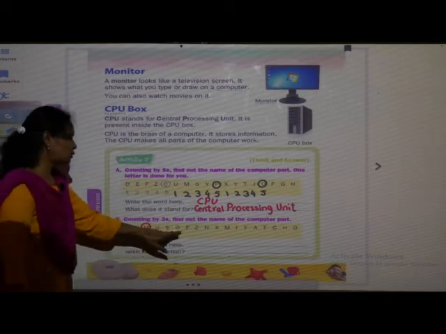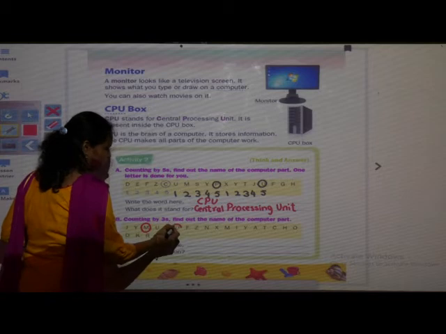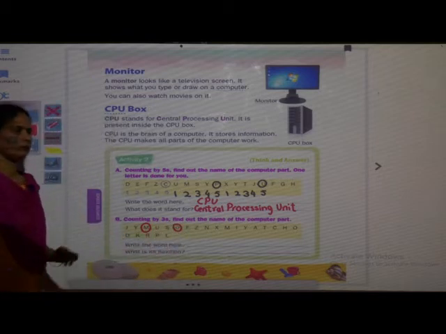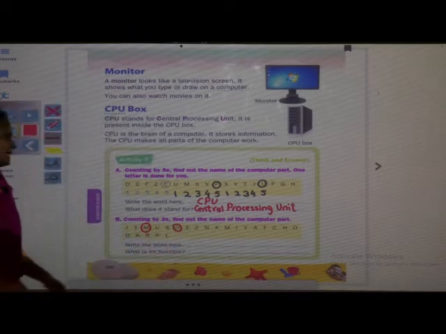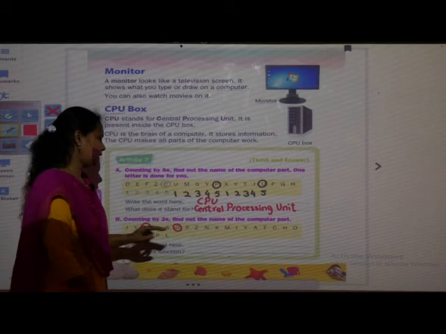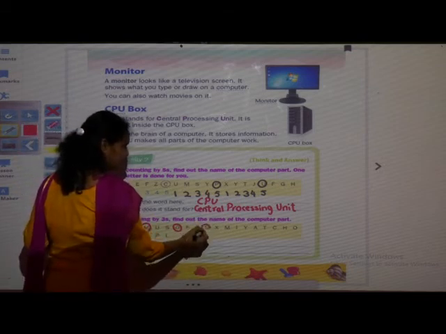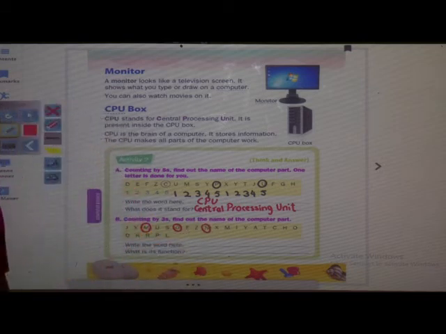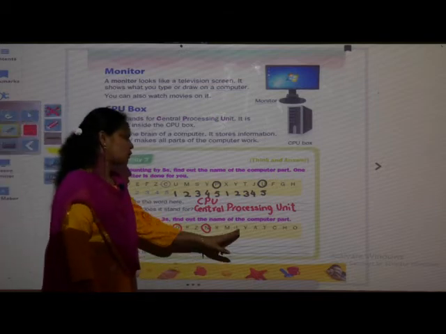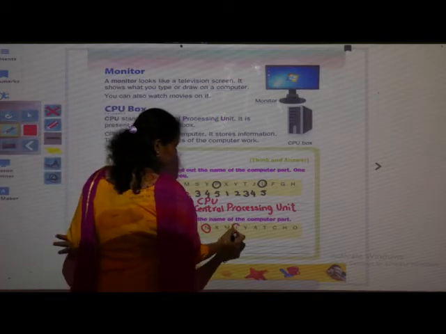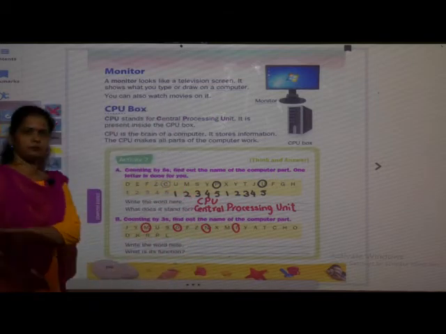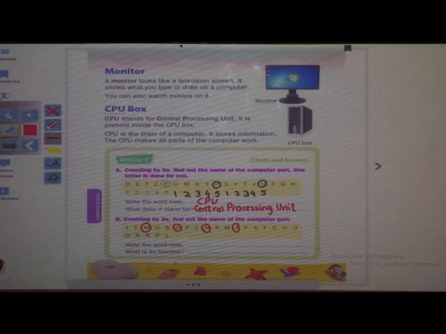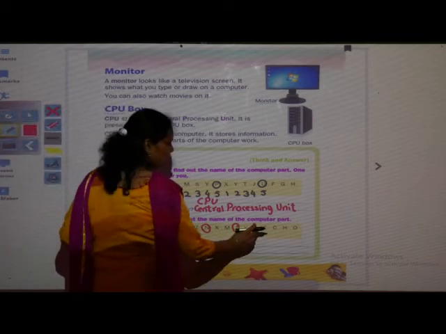Next, 1, 2, 3. O. Next, 1, 2, 3. N. Next, 1, 2, 3. I. Next, 1, 2, 3.